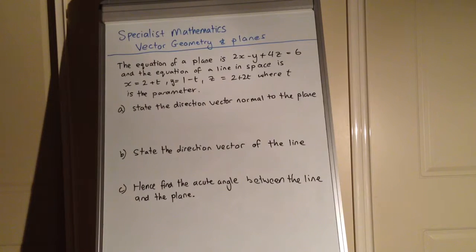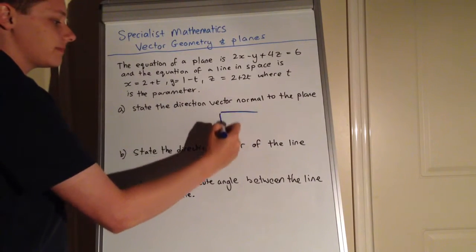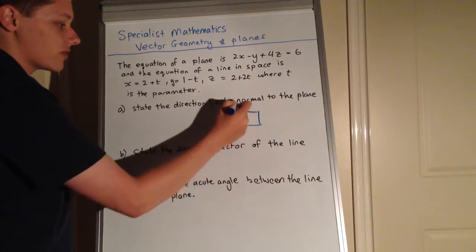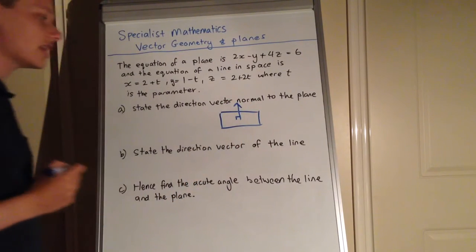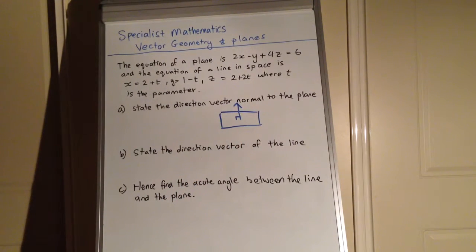So we're mentioning that we've got a plane surface, and we're looking for a direction vector which is perpendicular or normal to that plane. And it's a property of the equation of a plane that the coefficients of x, y, and z form the normal vector.